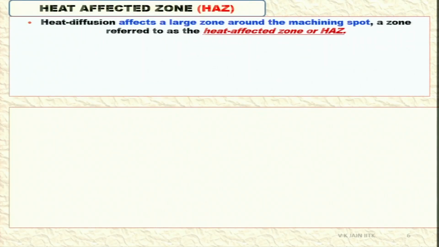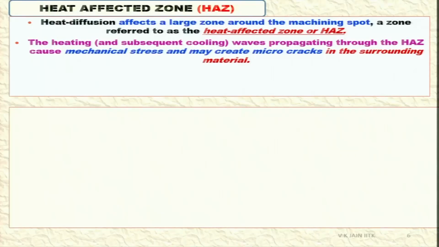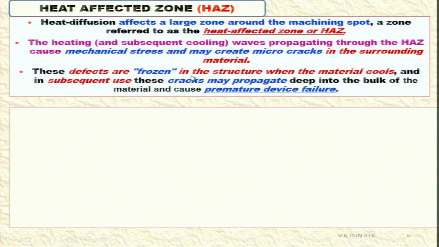Heat diffusion affects a large zone around the machining spot, a zone referred to as the heat affected zone or HAZ. The heating and subsequent cooling waves propagating through the heat affected zone cause mechanical stress, which is highly undesirable and may create micro cracks in the surrounding material, and again they weaken the component and reduce its life.